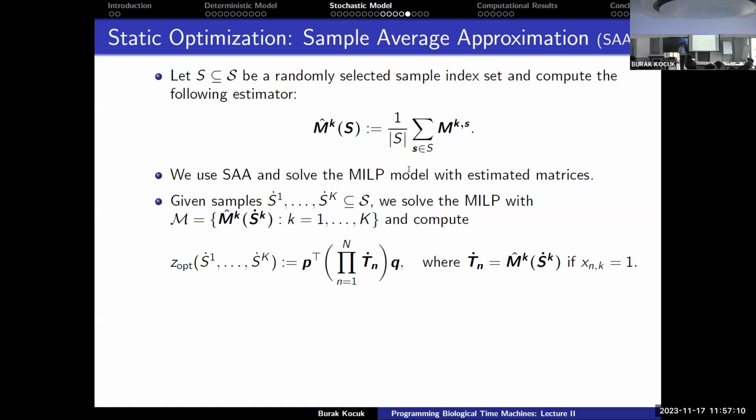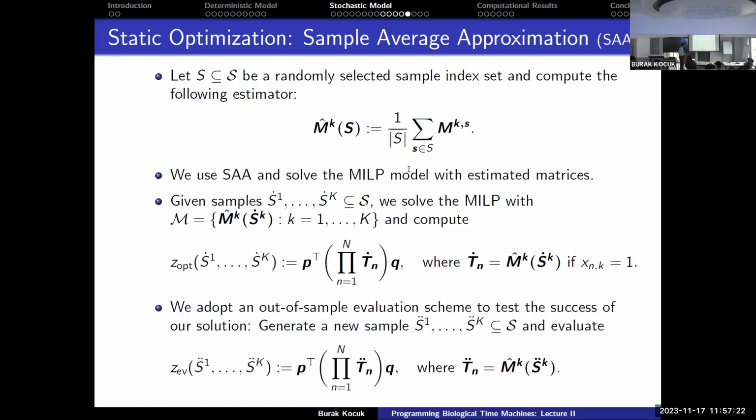And you may worry that, well, maybe you over-optimize and it's only working for this sample. But if you give me another sample, it will perform terribly. So for that purpose, we generate a new sample and compute the objective function value of the same decisions on this new sample.